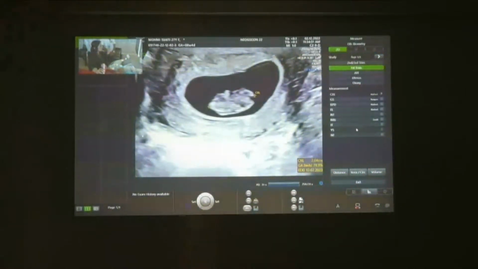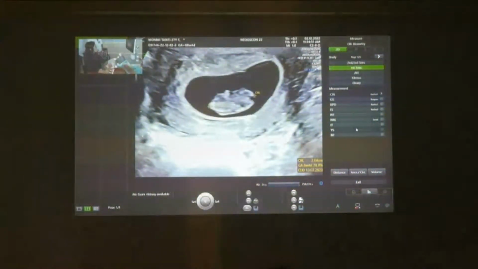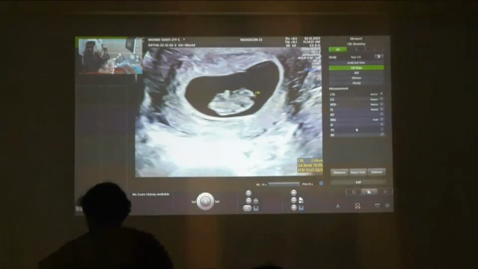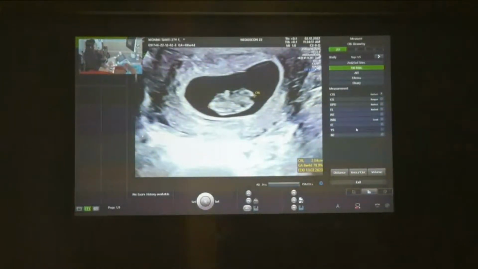According to the American College of Obstetricians and Gynecologists guidelines, up to 9 to 10 weeks, a difference of 3 to 5 days is allowed between the menstrual age, according to her LMP, and what is seen according to her CRL.